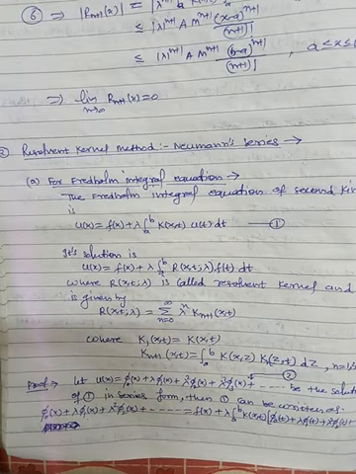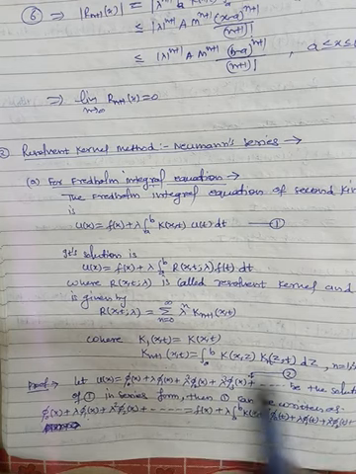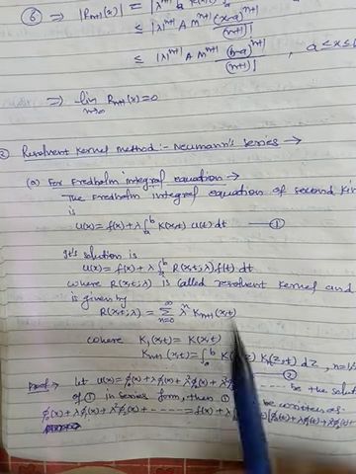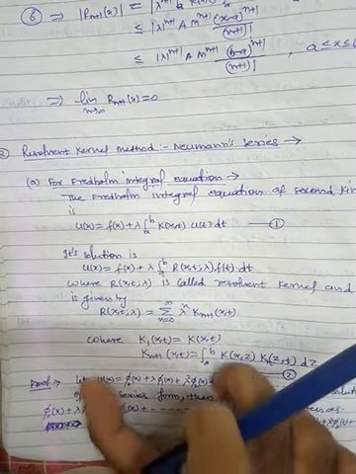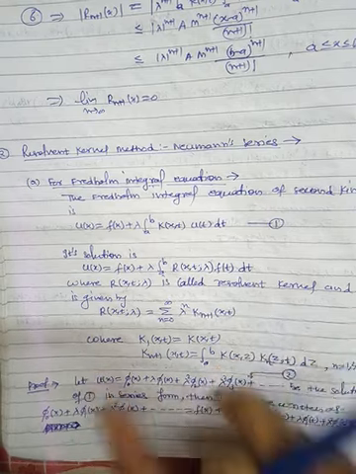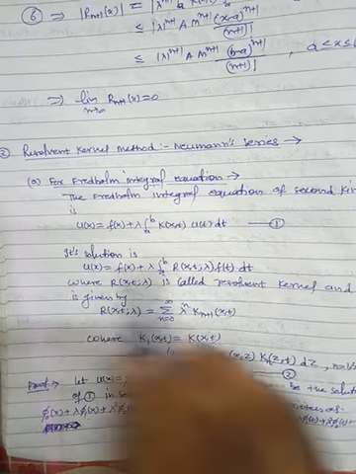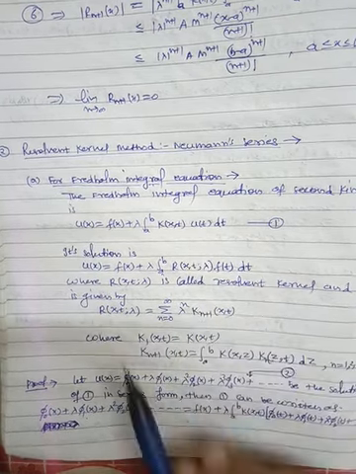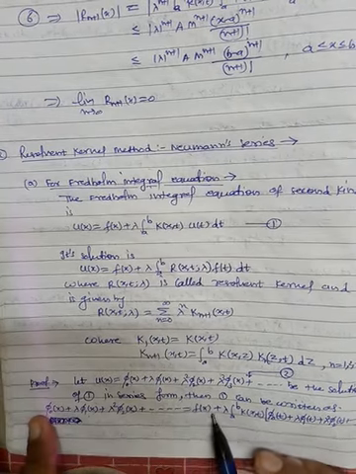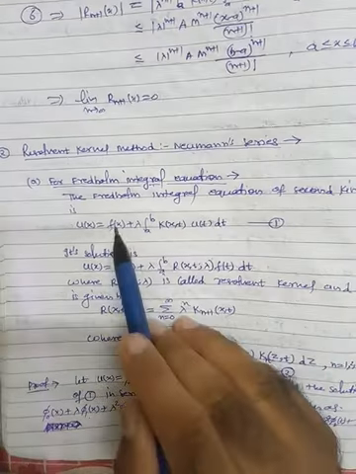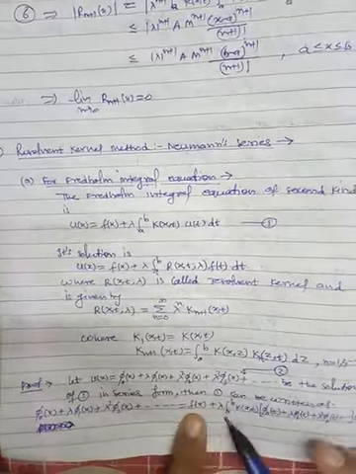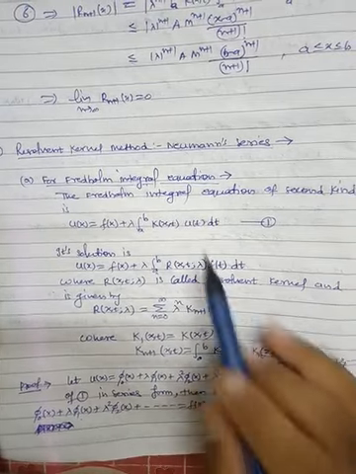Fine. Now, since we have assumed this solution, it will obviously satisfy this equation. So substitute this u(x) in the left hand side as well as in the right hand side here. So the left hand side equals f(x) plus lambda integral from a to b of kernel K(x,t) and then u(t).